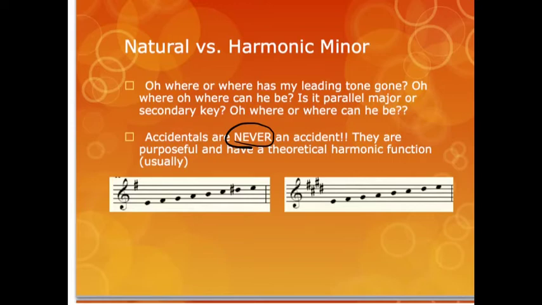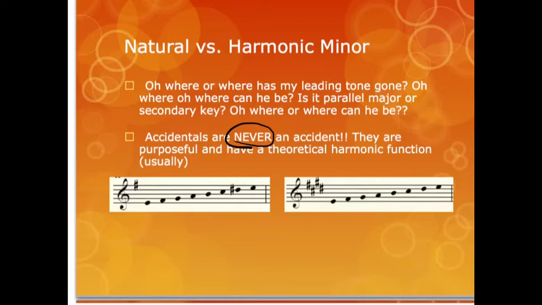Well, usually. For example, in the case of E minor, we have 1 sharp, F sharp, but we have a D sharp right here, which is the leading tone to E. La, ti, do, re, mi, fa, si, la. Although this does create the infamous augmented second, it gives us the leading tone and allows us to use a major 5 to minor 1 cadence.